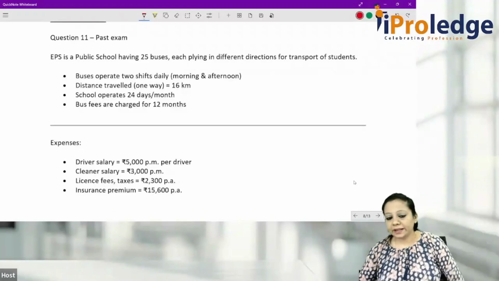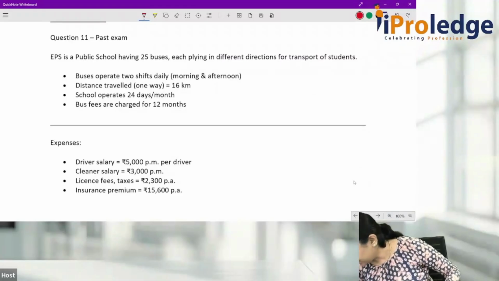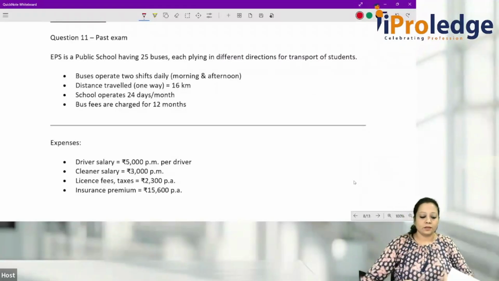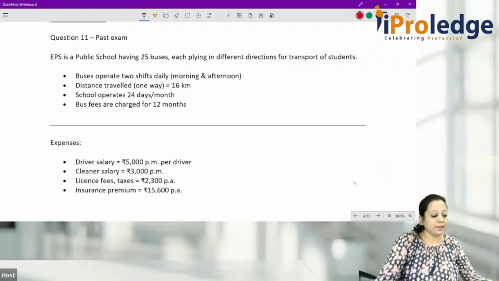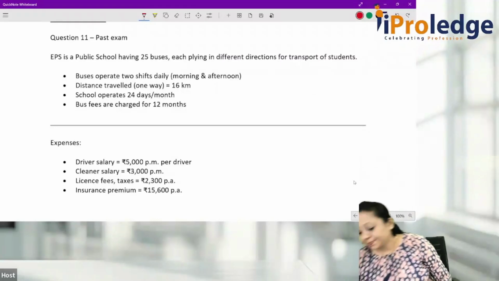If you please open the PDF, it's question number 11 that we will be starting to do now. We'll also discuss the conceptual checklist that we have to do. Click on my CalC also.